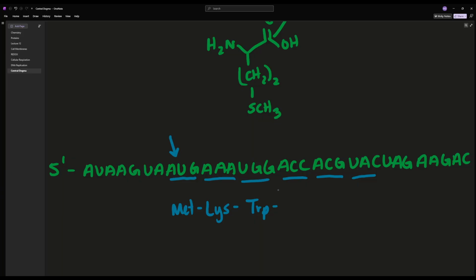ACC codes for, was that threonine? Yes, threonine. ACG also codes for threonine. And then UAC encodes for tyrosine. So this here would be my answer.